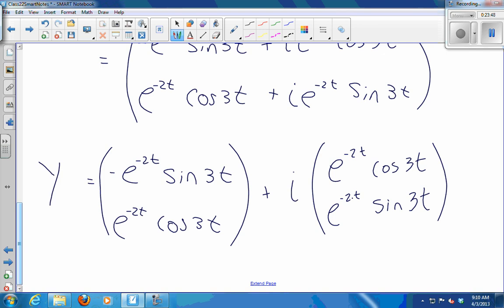Nothing amazing has happened here. I just rewrote the formula that I found using my complex eigenvalue. So now I have the standard format that we're used to working with complex numbers in: a plus b times i.